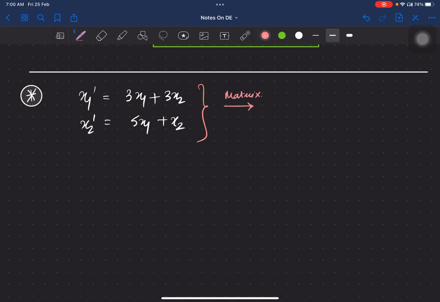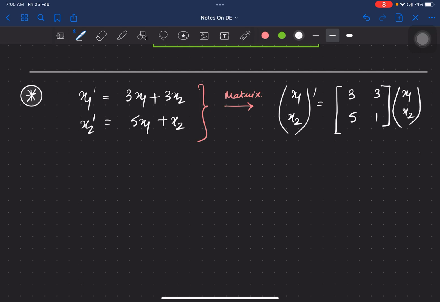So here you can write (x1, x2) prime equal to the matrix [3 3; 5 1] times (x1, x2). If you take this as capital X, this as A, then we have X prime equal to AX. This is the matrix form of the system of differential equations.